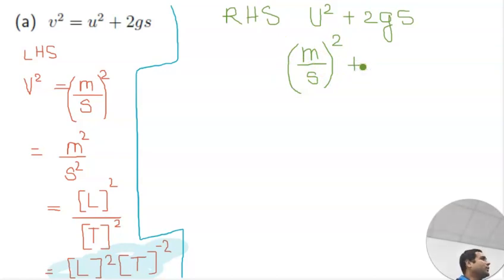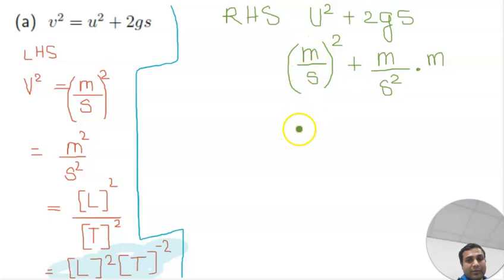We don't deal with numbers in dimensions. g is acceleration due to gravity, and that is meter per second square. And this s, remember, is the distance. How do we know? When we read the question at the start, this is not the second, this is actually distance. So what's the unit for the distance? We're looking at units, so meters.